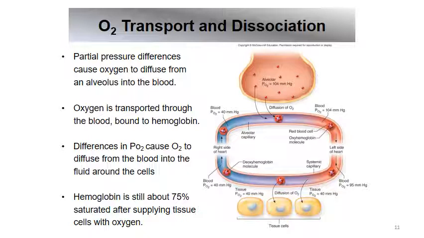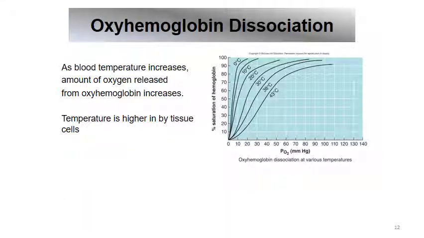But of course, you want it to be a little bit more saturated at the end so that if you do physical activity, you do still have some oxygen there. As temperature increases, the amount of oxygen released from oxyhemoglobin increases. This makes sense because temperature is higher by our tissue cells, because when the cells break apart the nutrient molecules, whenever you burn something, it releases heat. That's where the high temperature comes from.